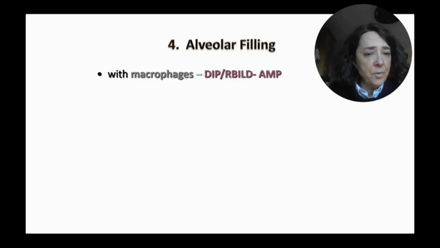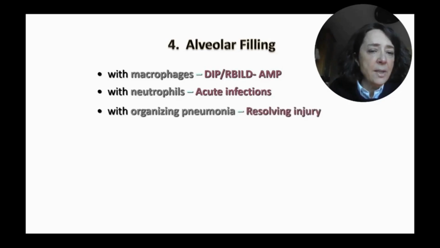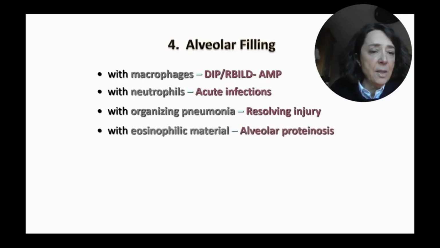RBILD is secondary to smoke. Neutrophils, acute infections, straightforward. Organizing pneumonia, resolving injury, always. However, remember, organizing pneumonia is not specific. And as with anything I am telling you, nothing is specific. But if you gather all the information, you get to a differential diagnosis.